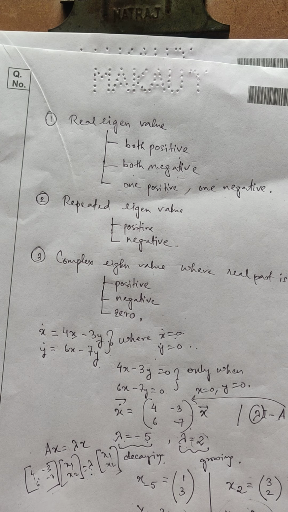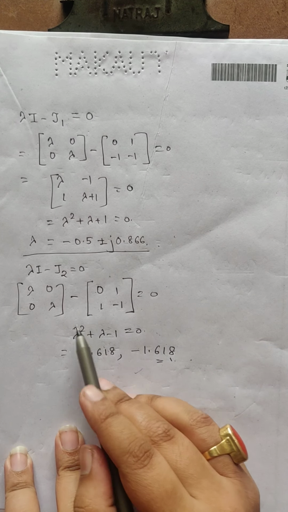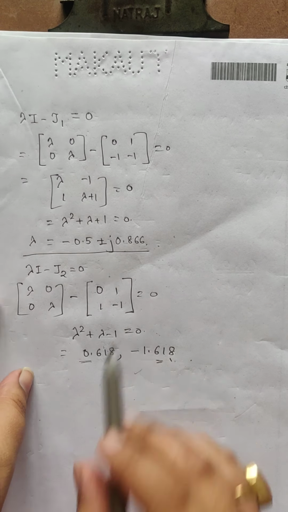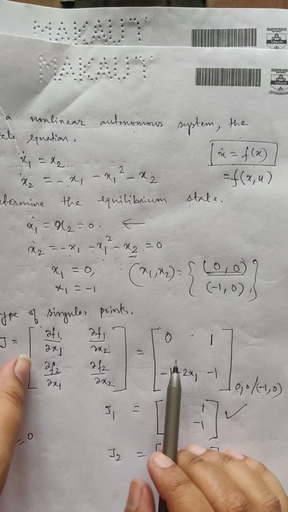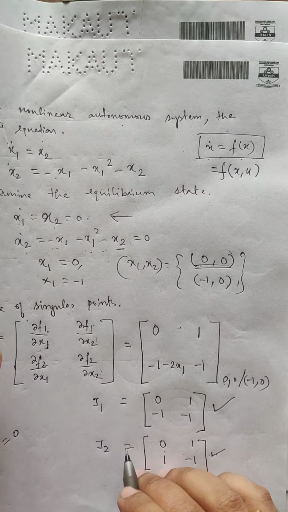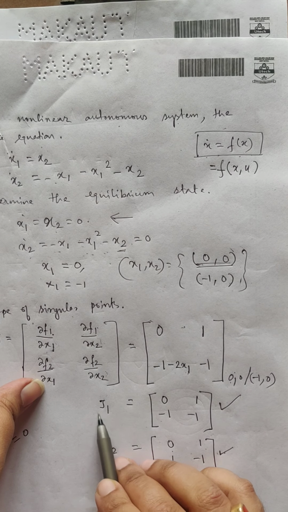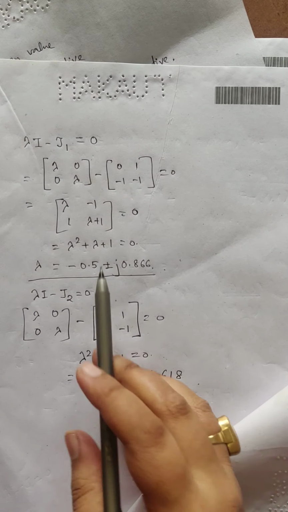So when I was solving the previous question, I had two equilibrium points, and I obtained two system matrices. In the first situation, J1 had an eigenvalue which is a complex conjugate.